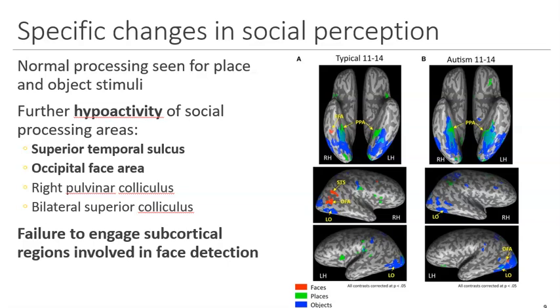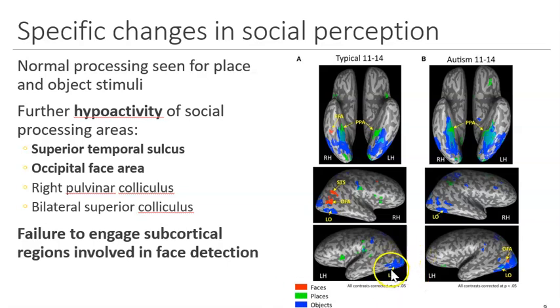So we do have here some specific changes in social perception. Normal processing is seen for place and object stimuli in autistic patients. However, we do see further hypoactivity of social processing areas. This is the superior temporal sulcus and the occipital face area.